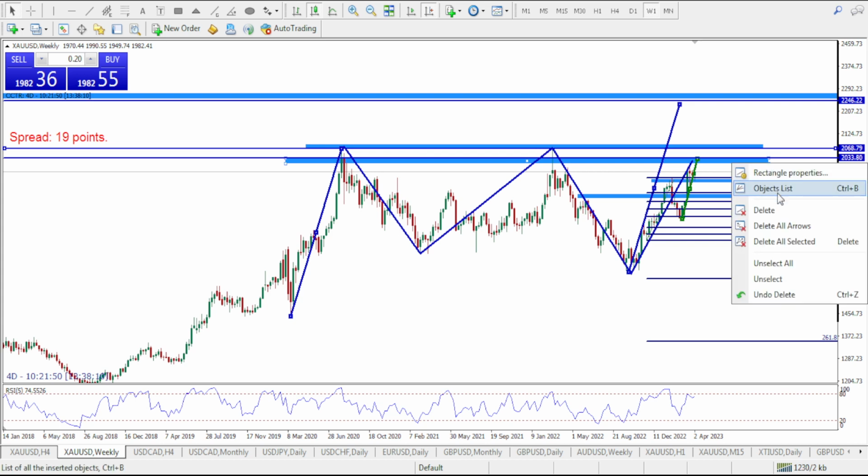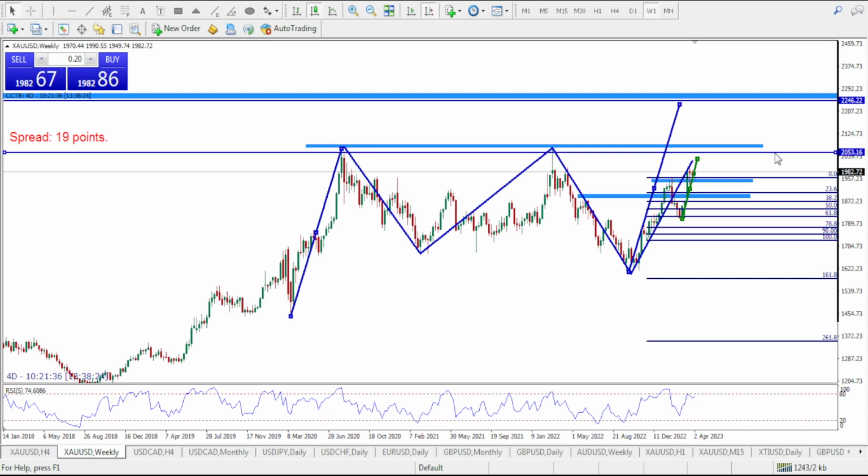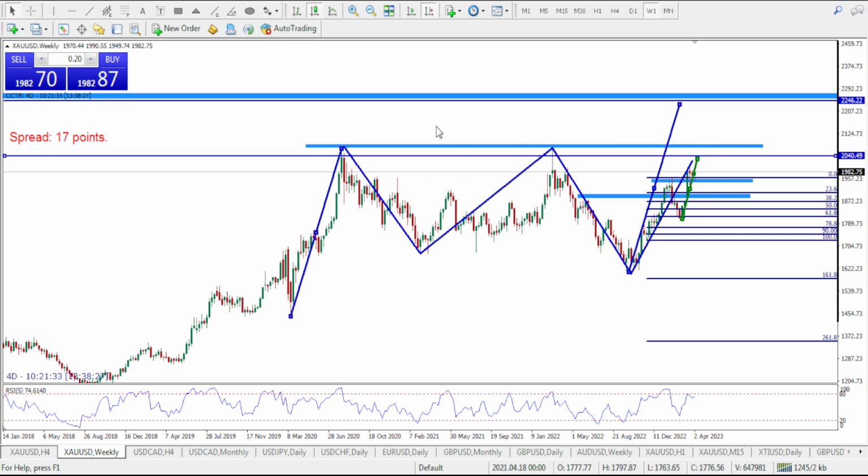Let's delete this one as well. And now let's delete this one as well because we don't need it. And adjust it a little bit like this.